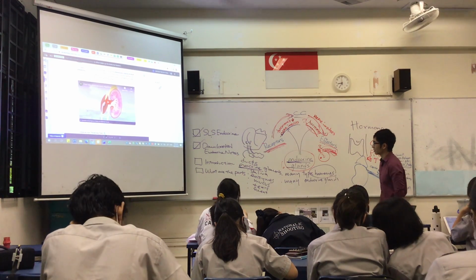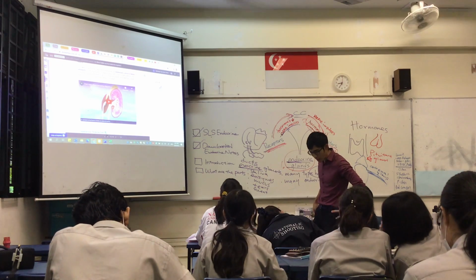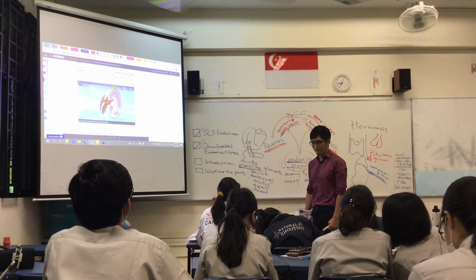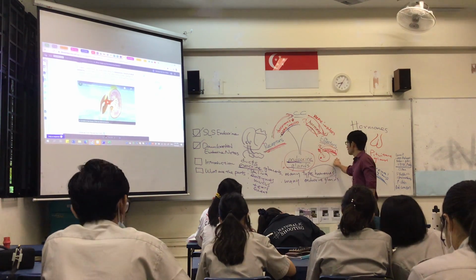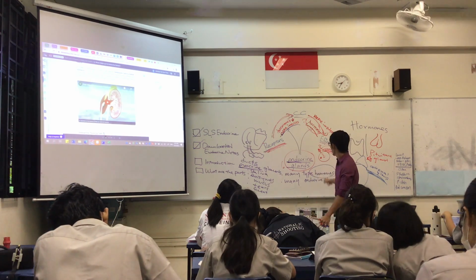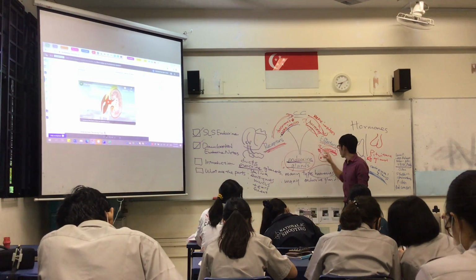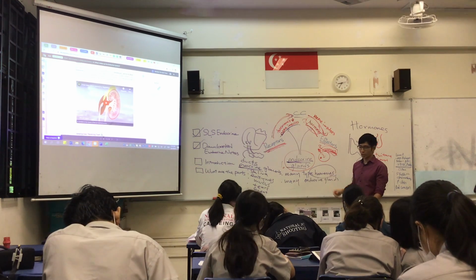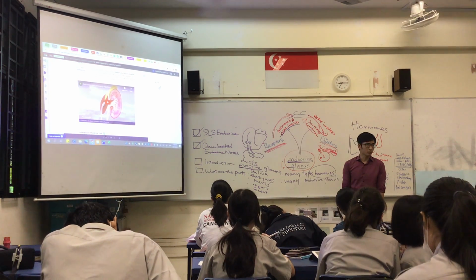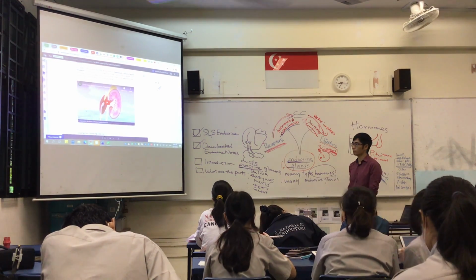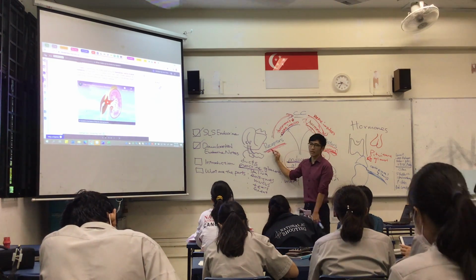Yes, Ishan? Oh, okay. Thermoreceptors. So you ask about the thermoreceptors found on each skin cell. This is where I did not go in depth. There are so many kinds of receptors.